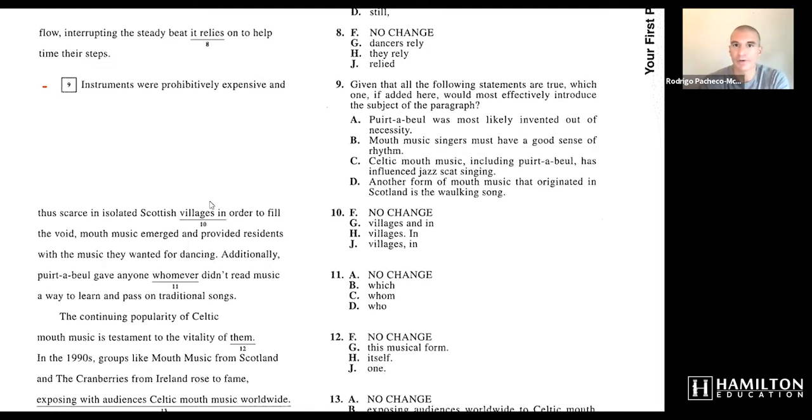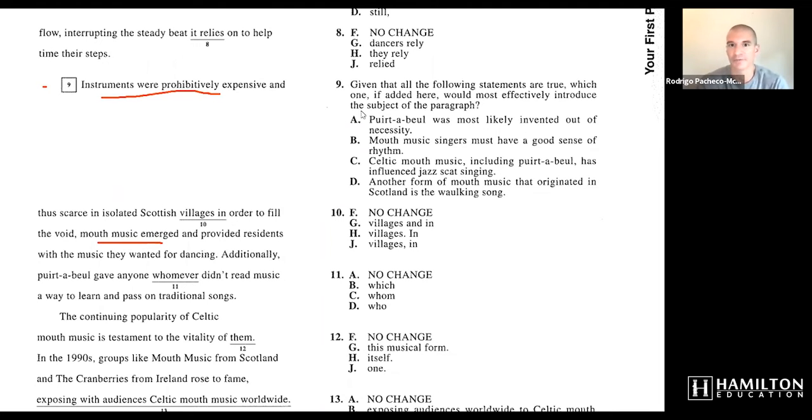So we know that this paragraph is about the emergence of this type of mouth music. And it explains why, and that's because instruments were very expensive. Okay, so we've identified the main idea in this paragraph, that mouth music emerged almost out of necessity because instruments were too expensive. So this was a solution to that problem.